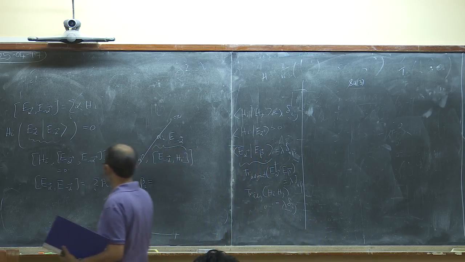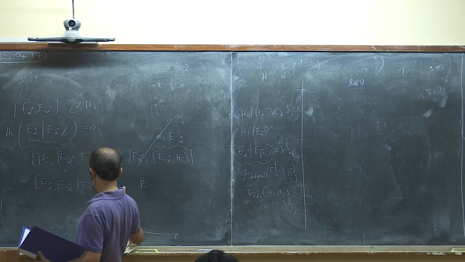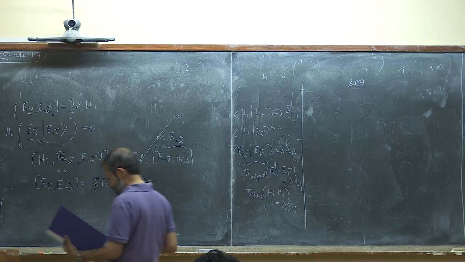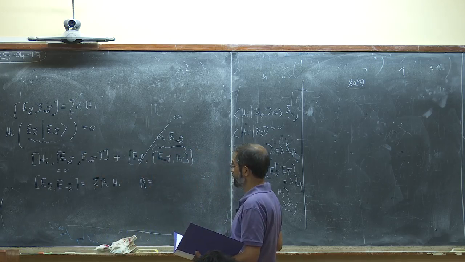Then I'll just take an inner product, multiply both sides by H and trace it.